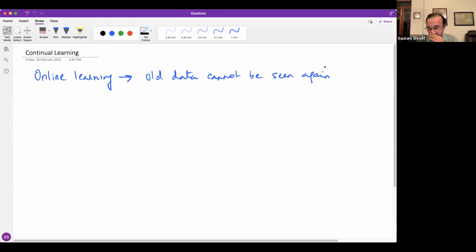So it's like you don't have any memory. You don't have a storage, you don't have a hard disk. Data is coming, you're training your model and just keep learning something. But that data, you're not allowed to keep it. I'll explain the motivation for all this in a minute. That's perfectly fine. You can just keep learning and you can't see it.